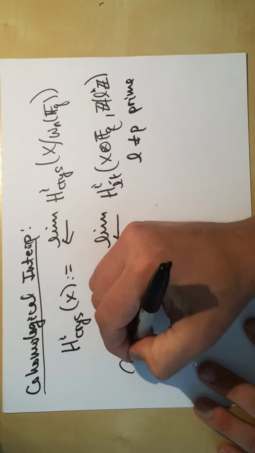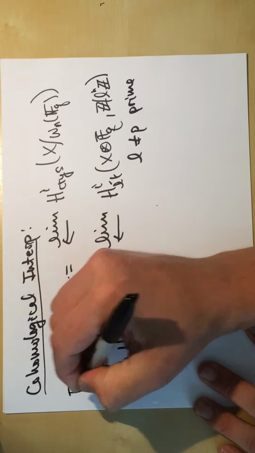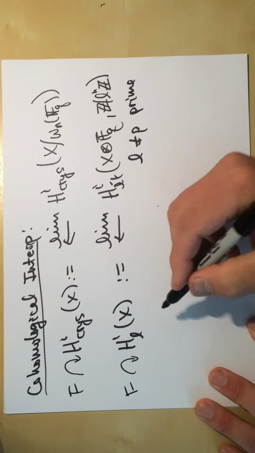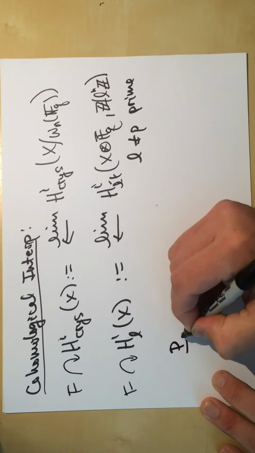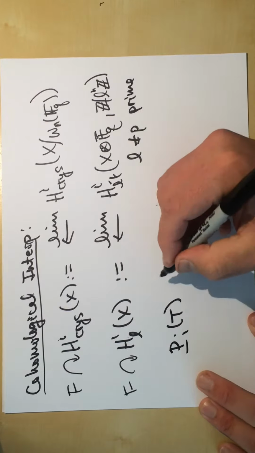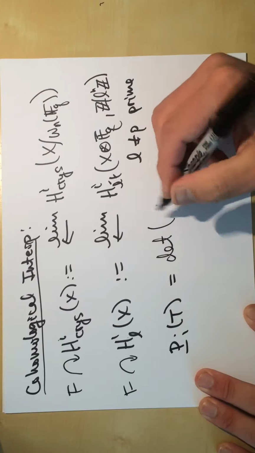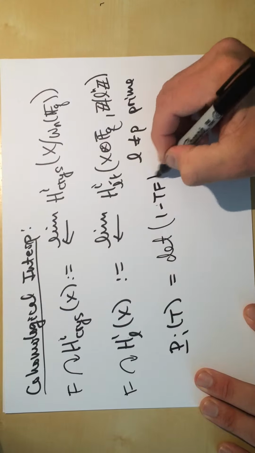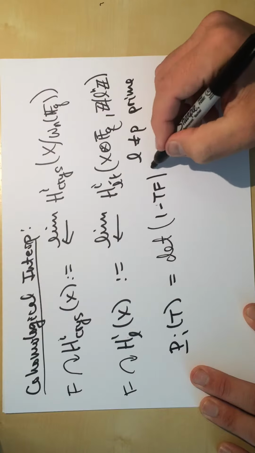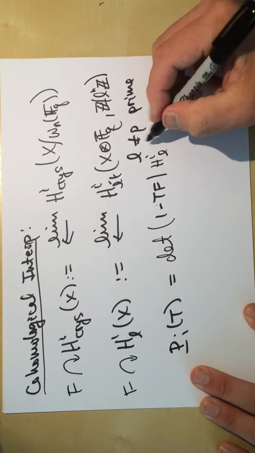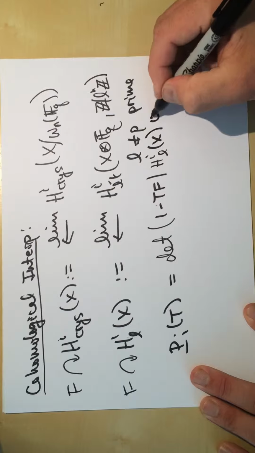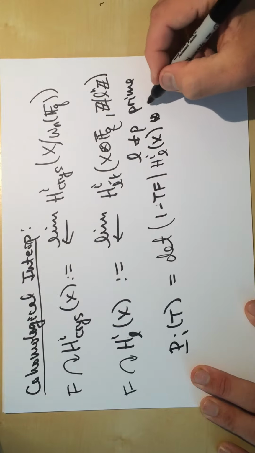And then in both of these cases, we have the Frobenius acting. It'll turn out that the ith polynomial that we gave in the previous page will be the determinant of 1 minus tF acting on H^i_l(X) tensored with Q_l.